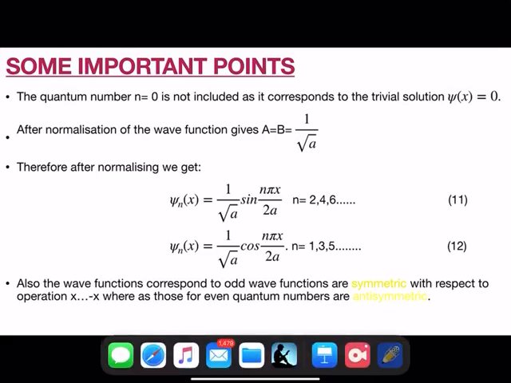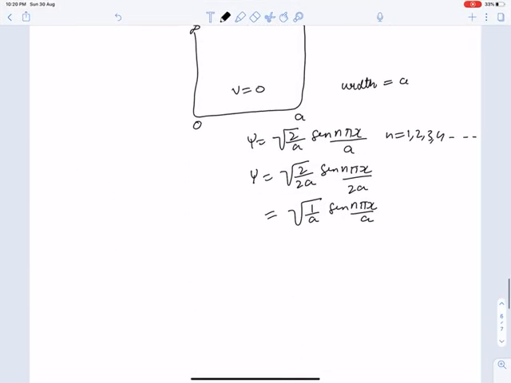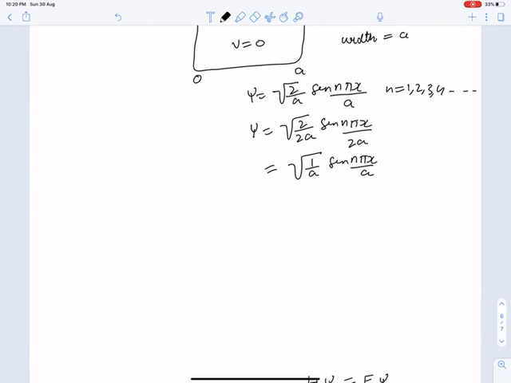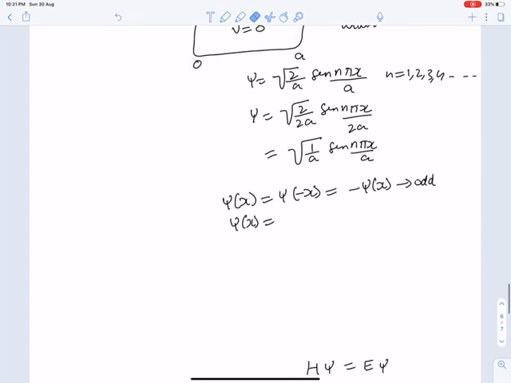You can also do this: if psi of x, when I change it to psi of minus x, becomes minus psi x, then it is odd. If psi of minus x gives psi x, then it is an even wave function, even function.